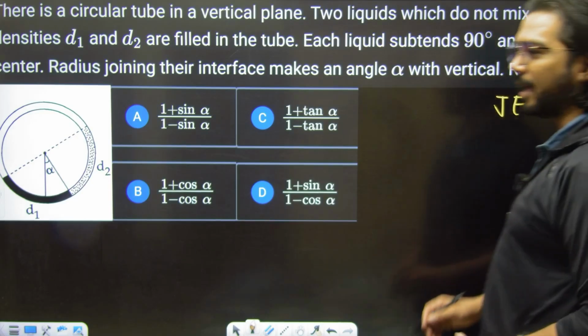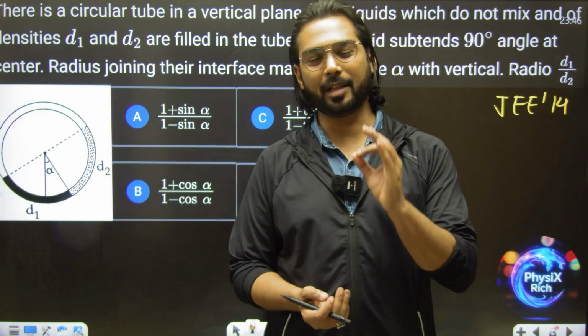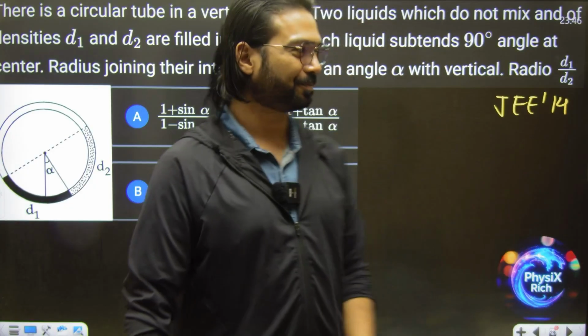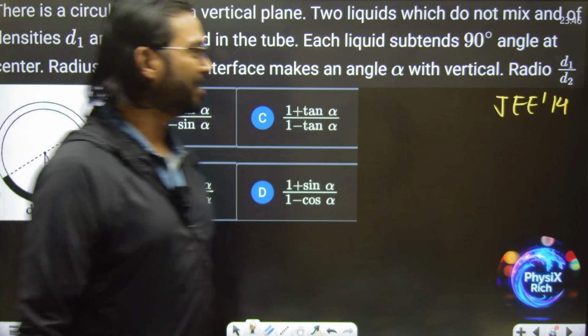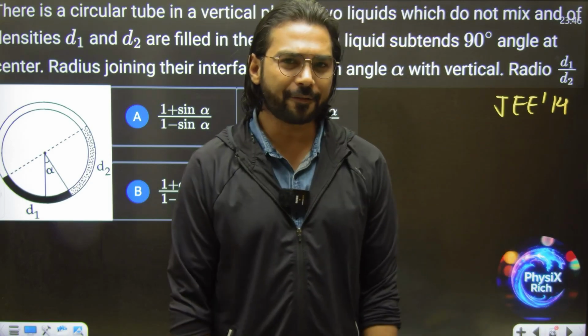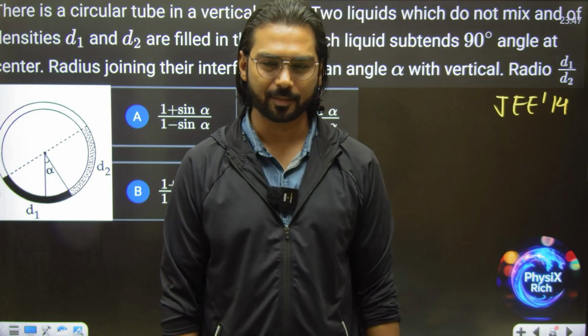All this is nice and dandy until you realize the brilliance of my dear Arish. Arish says, sir, we have d1 upon d2, right? What if d1 was 0 and d2 was very large?